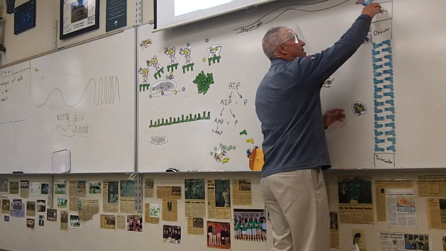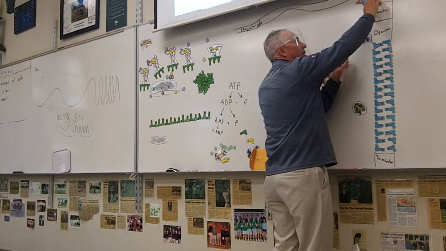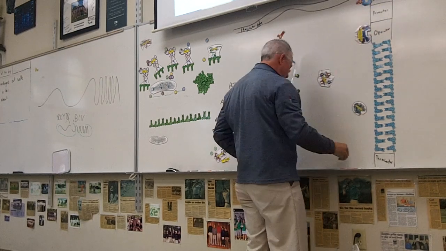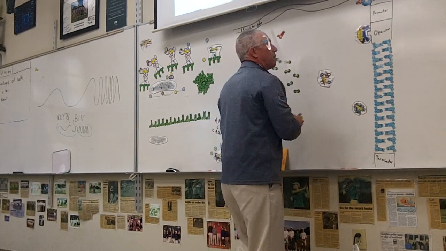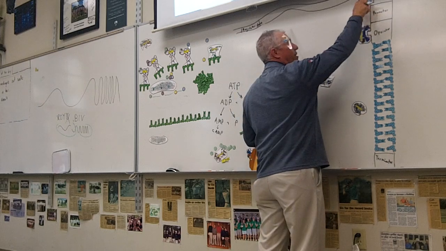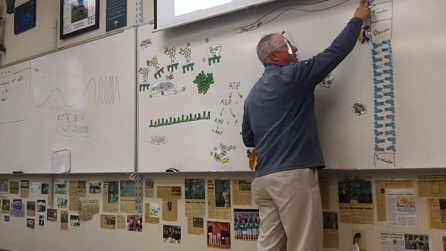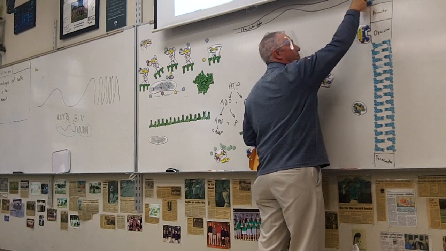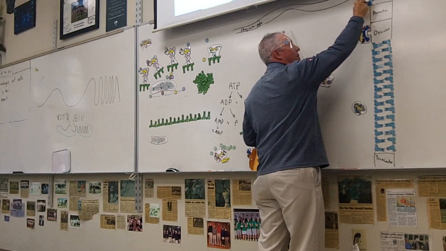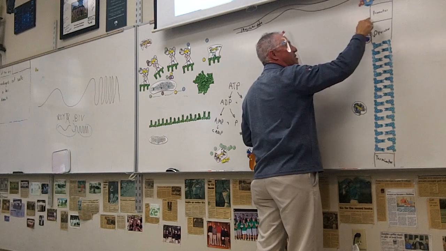Now when that happens, it makes this whole area kind of bulge out a bit. Watch this, y'all: when this thing binds to the CAP binding site, the promoter bends.